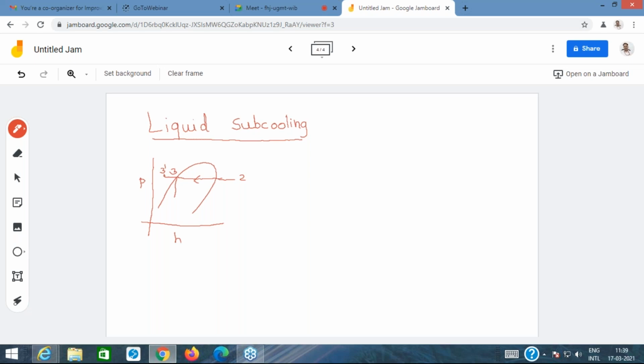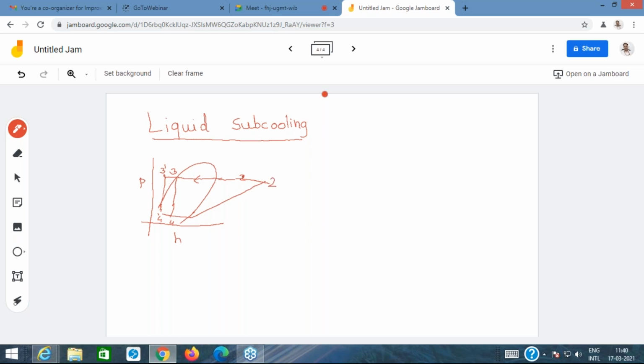it would be somewhat like this. So let us say that this is your 4 and this is your 4 dash, and this was your 1. So let us say this is your 2.